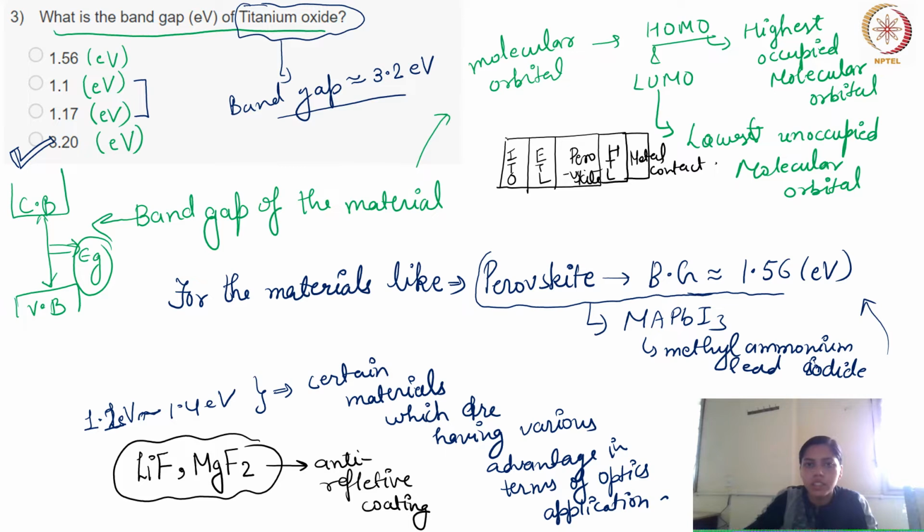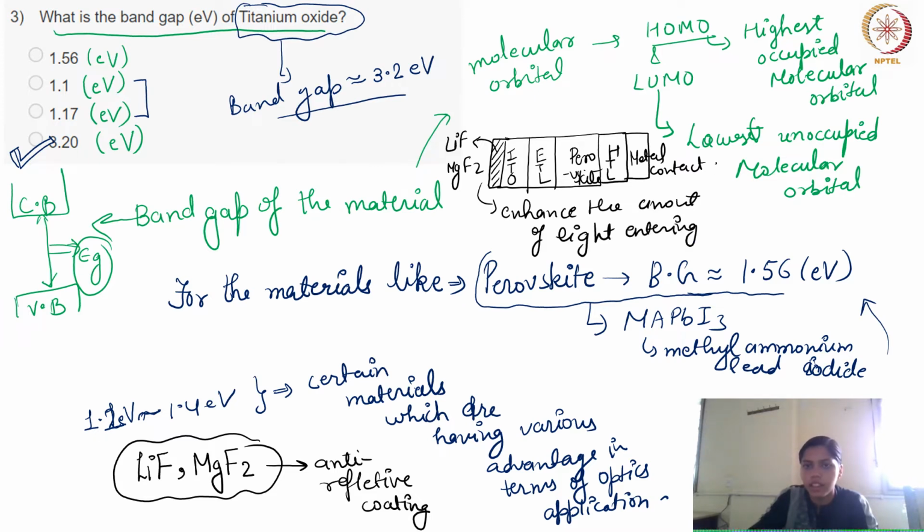By depositing a thin layer of this anti-reflection coating, which can be lithium fluoride or MgF2, you can enhance the amount of light entering your device. Is this clear to everyone? The application of lithium fluoride and MgF2?